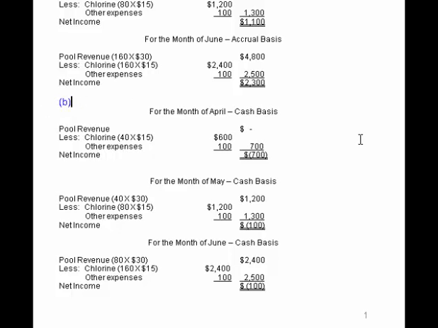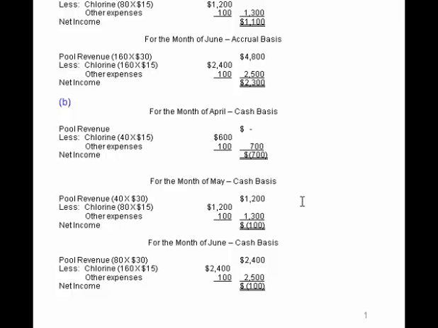Okay, so using the cash basis, we didn't receive any cash for the month of April, but we still incurred chlorine costs of 40 pool customers times $15 each of $600, so the same expense that we had above. And if no revenue was recorded and we had expenses, then we had a net loss of $700.